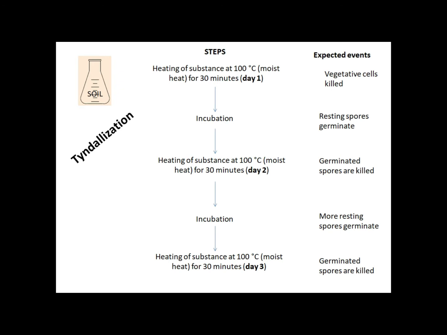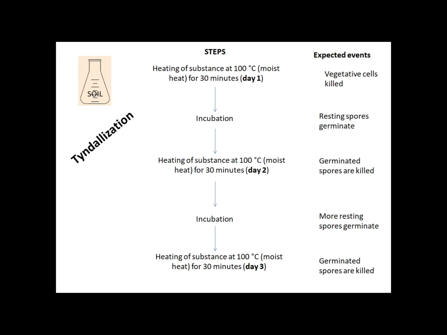After that, the substance, so in our case it is a soil sample, is incubated. The same soil sample will be heated again at 100 degrees Celsius, moist heat. We'll get to see what is moist heat and dry heat in the upcoming slides. So here we heat the substance at 100 degrees Celsius for 30 minutes again on the second day, and we incubate after the heating is done.